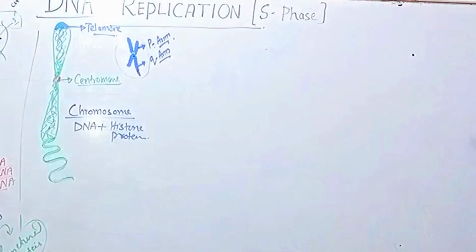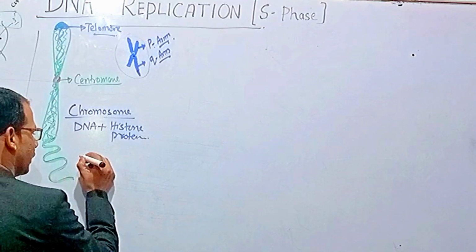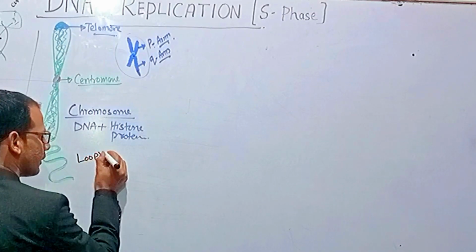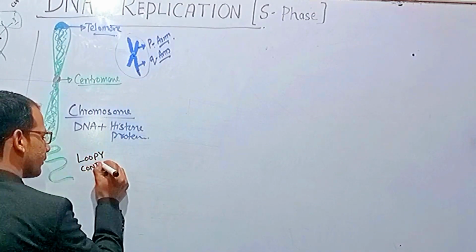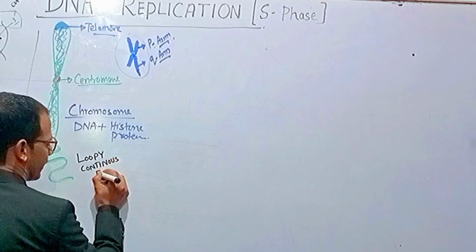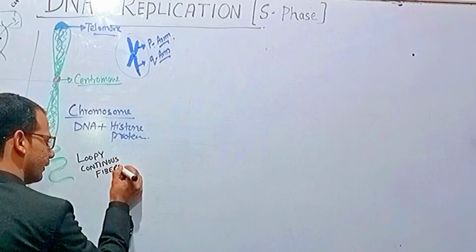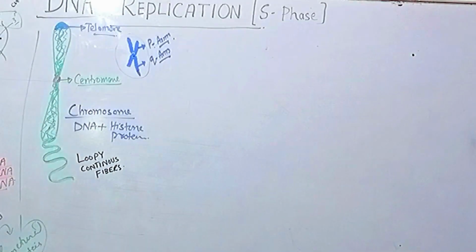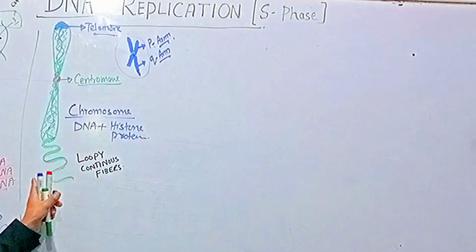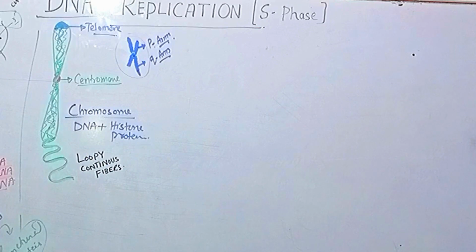These are called the loopy continuous fibers, because continuously it is looping. Looping means convolutions. So these convoluted fibers are called loopy continuous fibers.